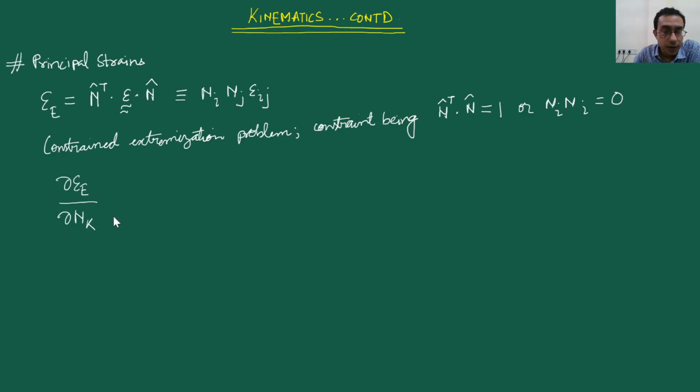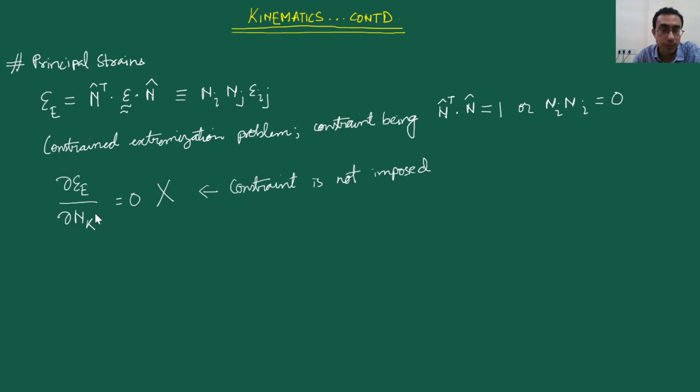All right. Now if I just set this thing equal to 0, it is going to be completely wrong. Why wrong? Because here the constraint is not imposed. Which constraint? This constraint, that it should be a unit vector.